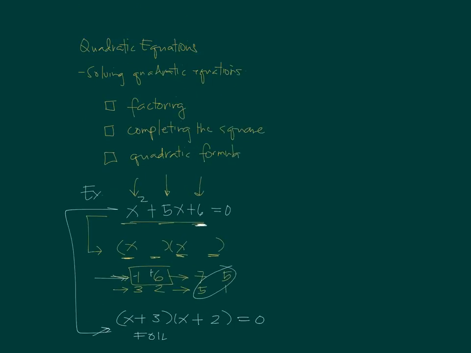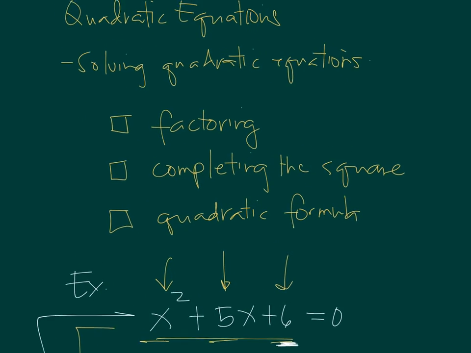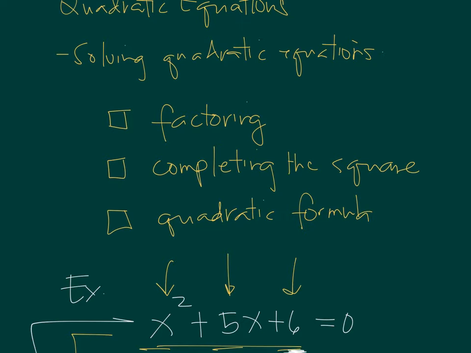As I have mentioned earlier, there are three ways to solve the quadratic equation. I have shown you the first way, and that was factoring. Now, because I'm trying to save time here, I'll skip completing the square because this will take me about 10 minutes to explain.